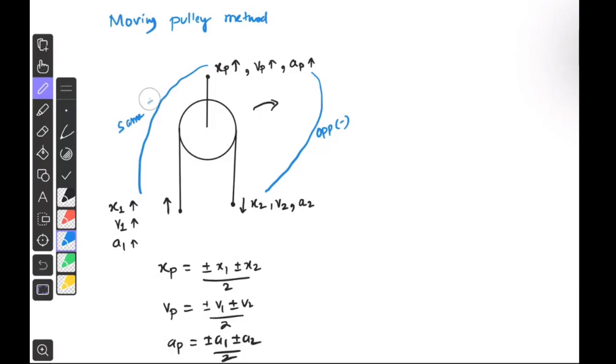Here x1 is in the same direction as xp, so in front of x1 we will have plus. So for this particular case, xp will be equal to x1 minus x2 by 2. The same goes for vp, which equals v1 minus v2 by 2. ap will be equal to a1 minus a2 by 2.